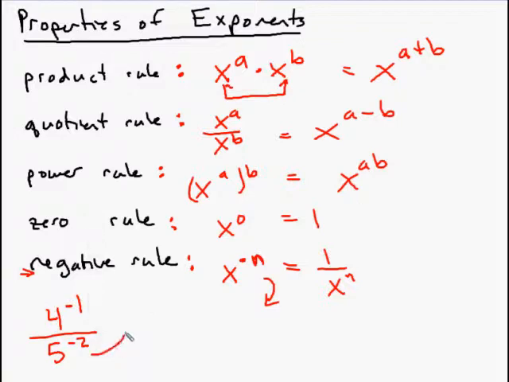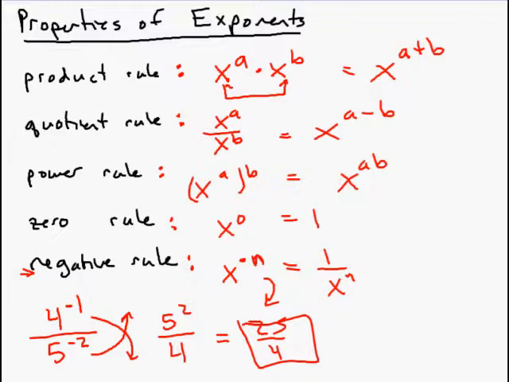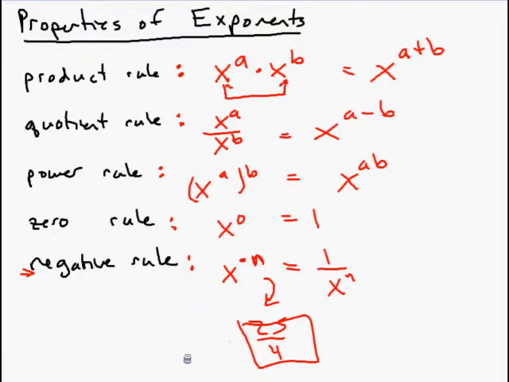Well, I'd move this up and it would switch to 5 squared, and I would move this down and it would switch to 4, and I get 25. See, 5 squared is 25 over 4. So not too bad there. There are some other things that we could do with that. Let's say we get a few of these.